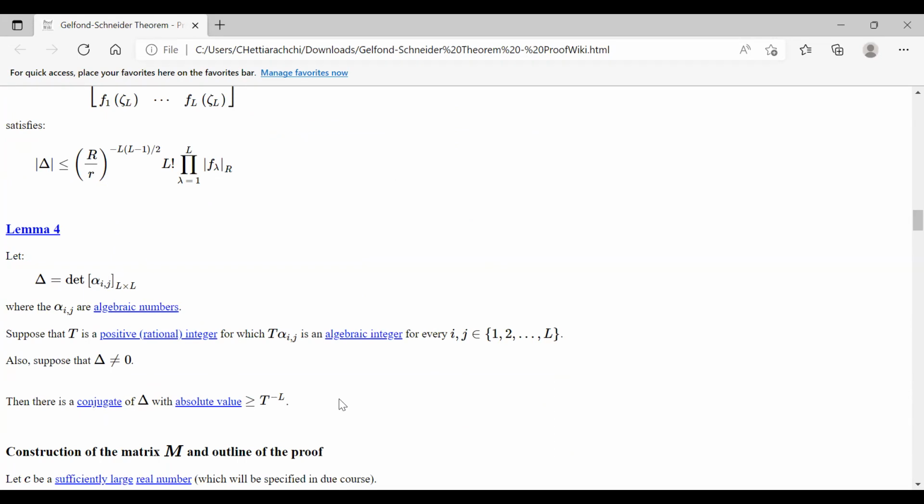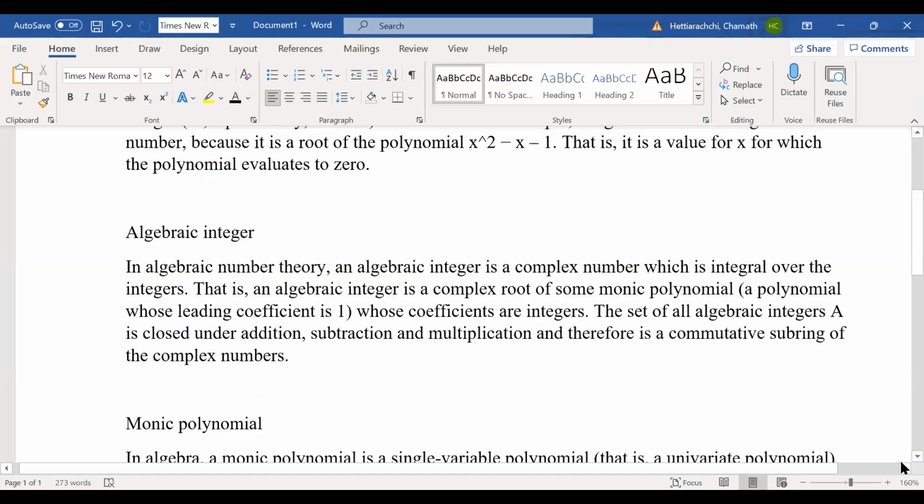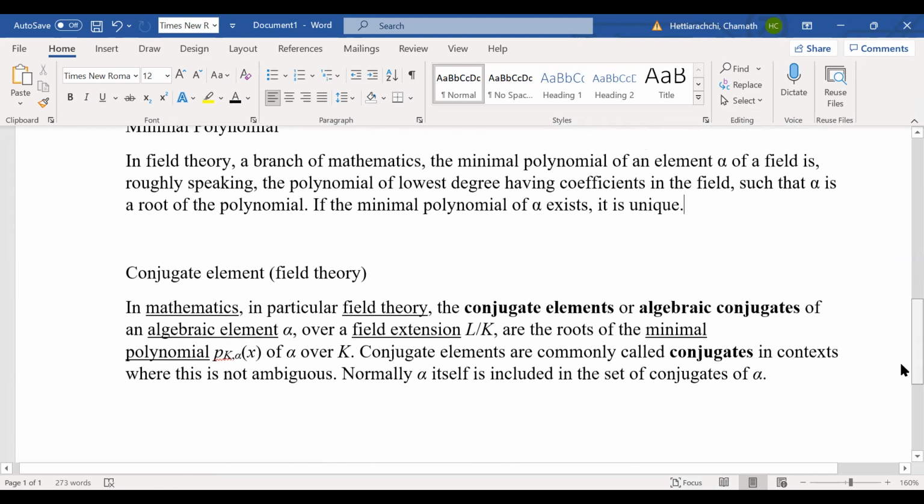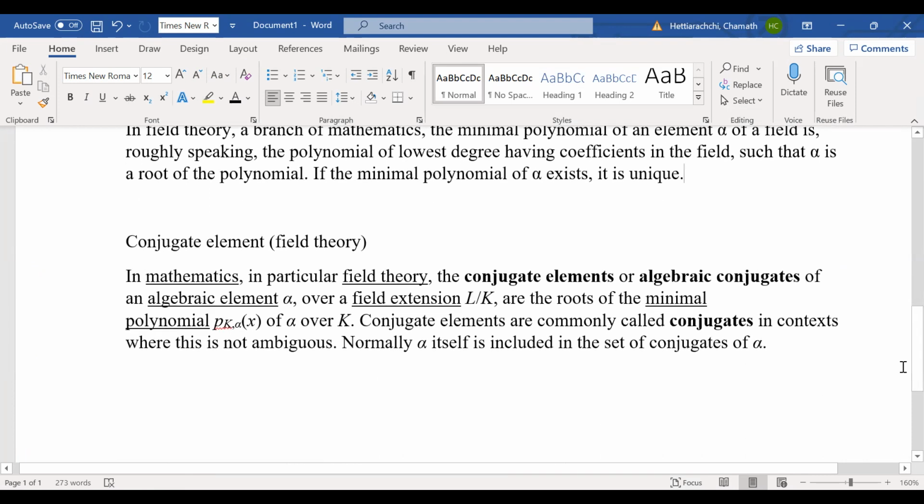And by the way, if you have a question about the conjugate, this is what conjugate means in field theory.